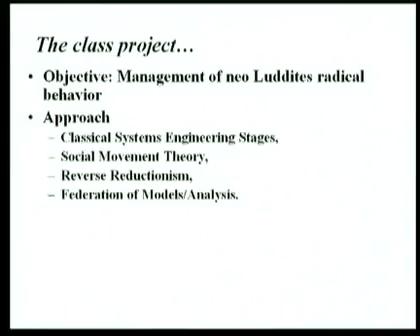The other part of the approach is this federation of models and analysis tools. What I've asked you to do there is essentially use more than one modeling tool in coming up with this approach that you're going to suggest in your class project, and coming up with a solution to management of these neo-Luddite radical behaviors.